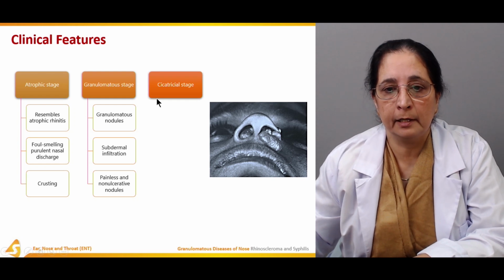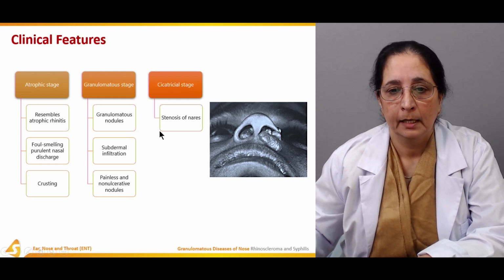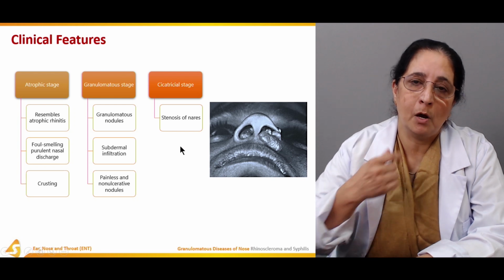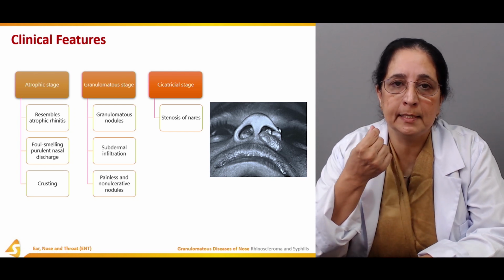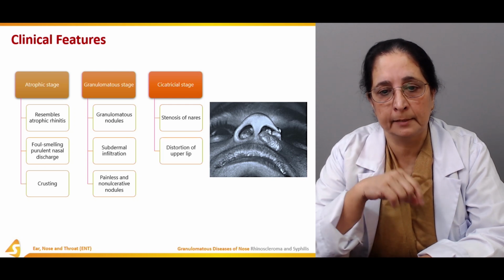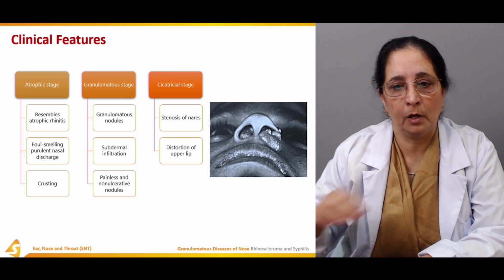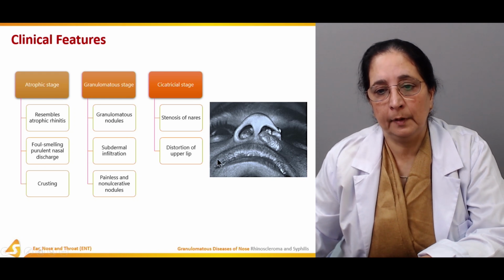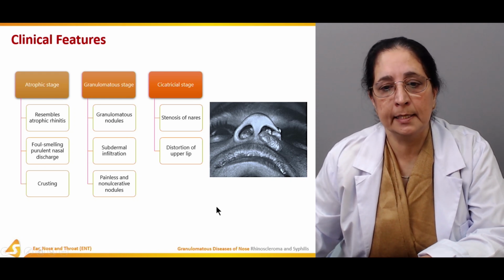Then we have the cicatricial stage, in which there is stenosis. Now the narrowing of the nares, or the narrowing of the nostrils, occurs in this stage. There is distortion of the upper lip. The upper lip is distorted and disfigured.